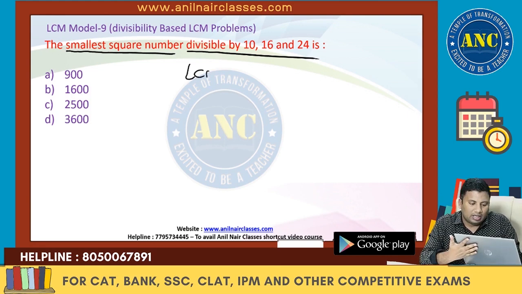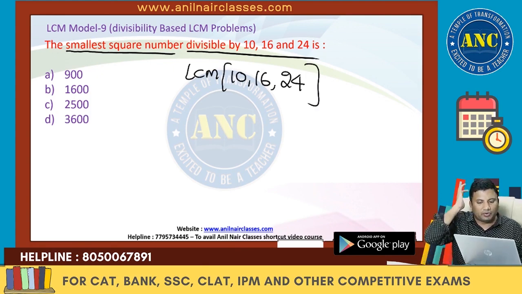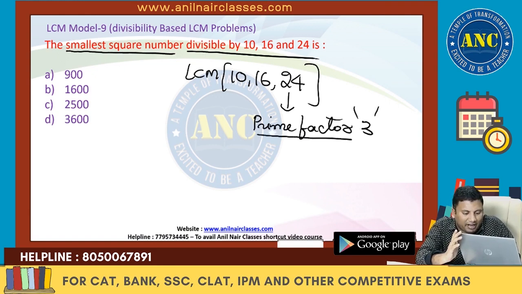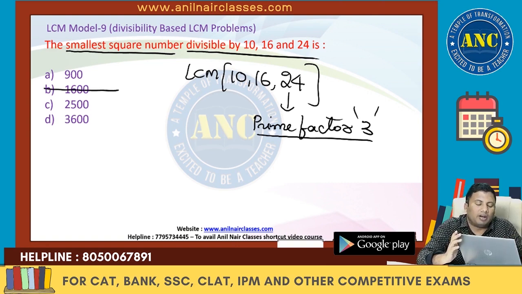Now see here, LCM of 10, 16 and 24. 24 is 8 into 3. So there is a prime factor 3 hidden here. If there is a prime factor 3 here, answer should also be divisible by 3. 16, sum of the digits is 7. 2500, sum of the digits is 7.